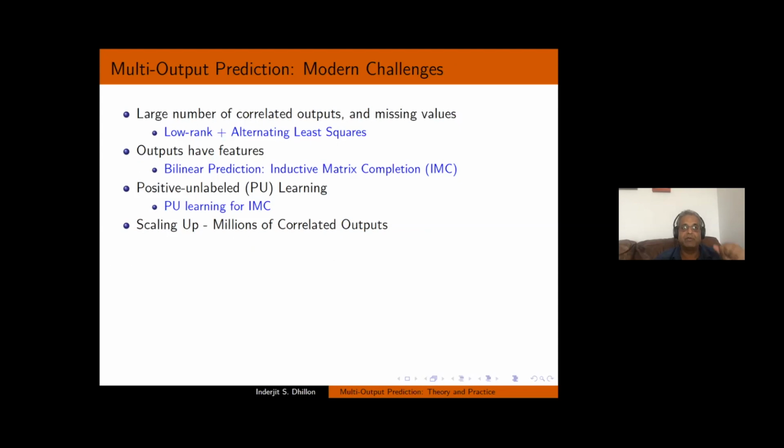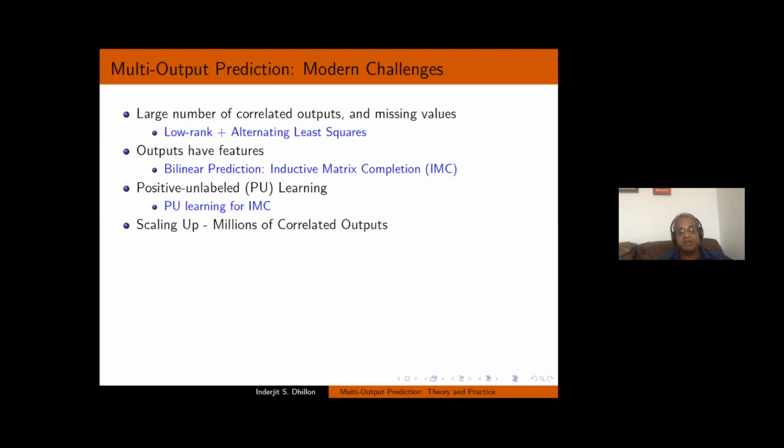Typically, the problem is: I'm given an input, there are features on the output, give me the top K. So one technique that one can use is the previous techniques that I've talked about, coupled with some quicker way of doing that inner product computation or estimation of the top K values. There is work in MIPS, maximum inner product search, and so on. So one can go in that direction.